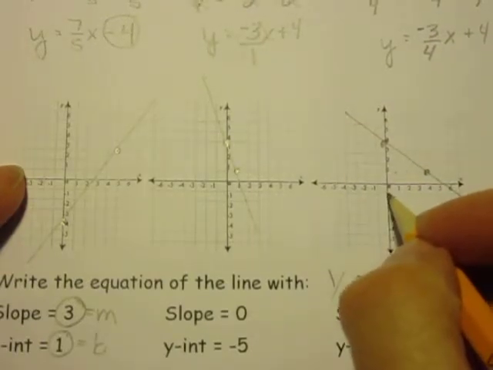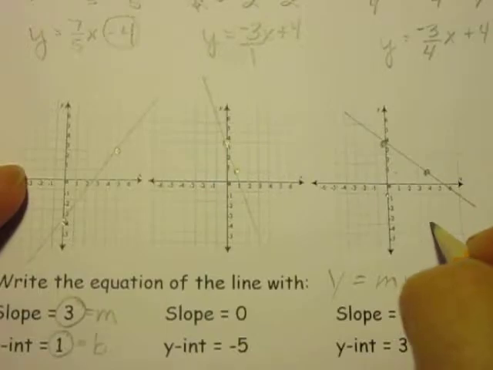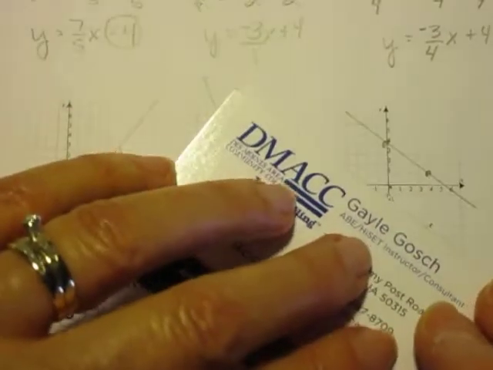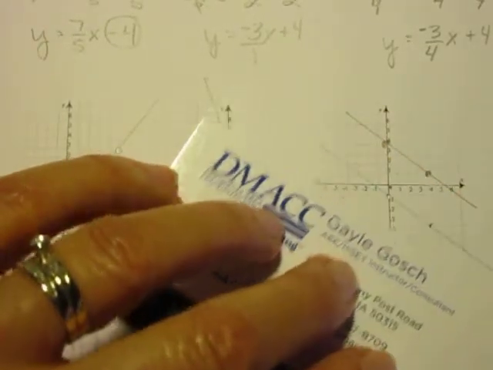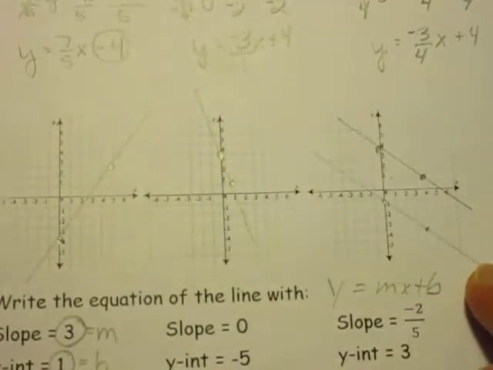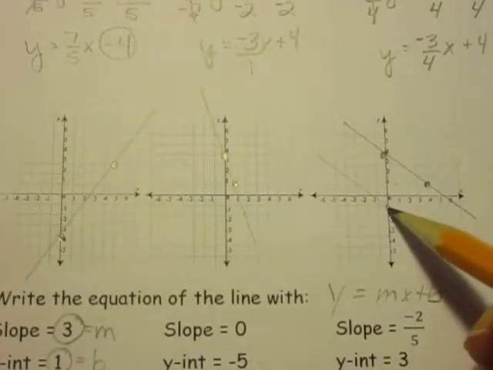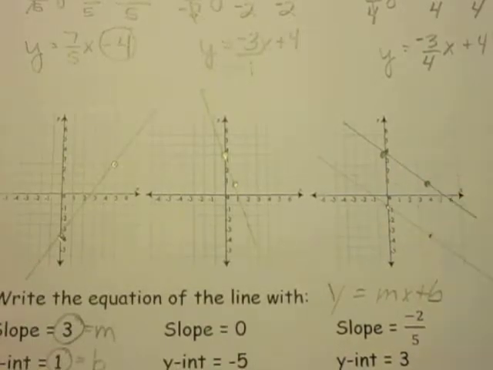Let's say that it crossed the y-axis at -1. I would count down 3 and over 4, and I would be able to create another parallel line. I'm just going to lightly draw that in there so that you can see, and just trying to prove it to you, that parallel lines will have the same slope. These both have the same slope of -3 over 4. They just cross the y-axis at different points.